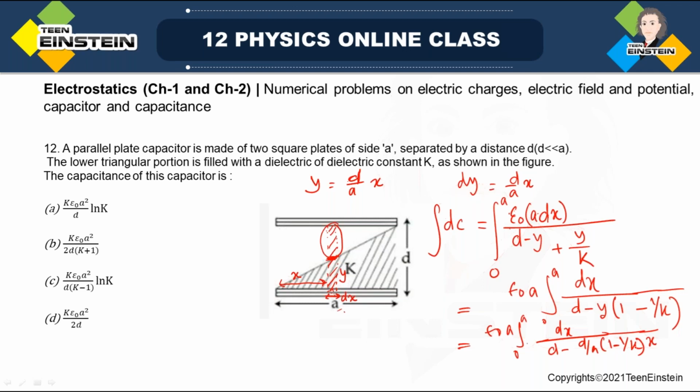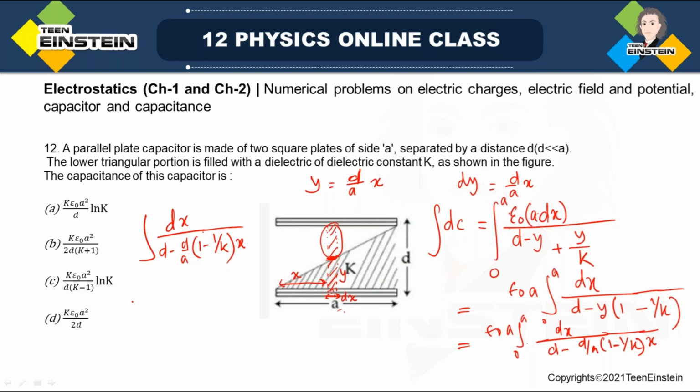Then we can do the integration part of this. So the integration will just take this like dx divided by d minus d by a, 1 minus 1 by k. So this is a total constant, and this is x.